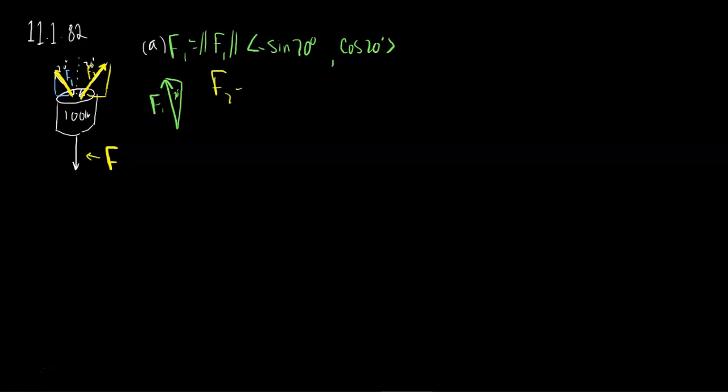Likewise, F2 would be the magnitude of F2, how big it is. It's very similar, but it's going to the right and has sine of 30 degrees, and then cosine of 30 degrees.